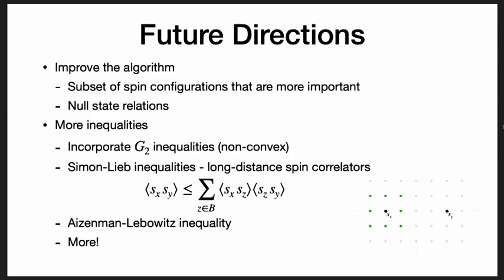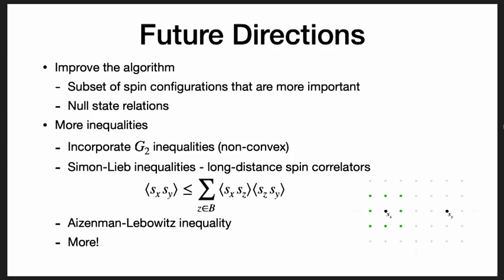And I have one comment here about null states. In a talk yesterday by Pablo, we had some idea, he mentioned a possible way to use this structure: these big matrices have some null states, and there's a way to harness that information, to focus on these null states and try to improve the algorithm this way.